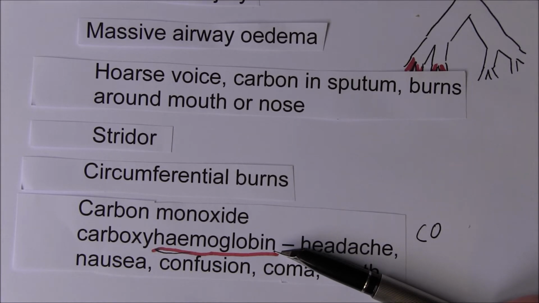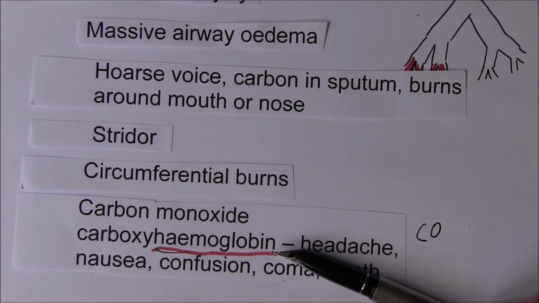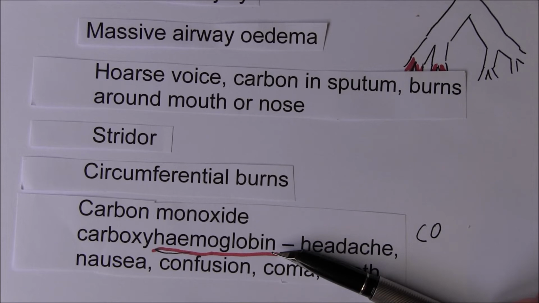It's basically a form of blood-caused hypoxia, that the oxygen is not getting to the tissues because the blood is incapable of transporting it. But this will not show on the oxygen saturation probes because oxyhemoglobin and carboxyhemoglobin both absorb the laser light of our oxygen saturation probes in the same way.